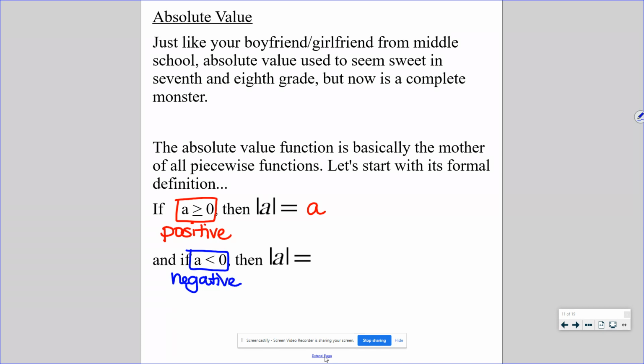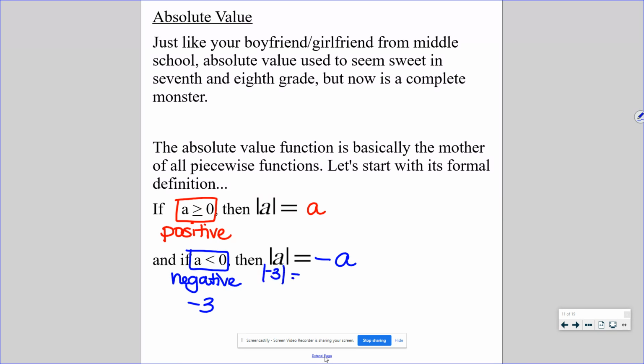Then the absolute value of that number you're plugging in is not going to be equal to that number, right? It's actually going to be equal to the opposite of that number. And the opposite of that number would be a negative to represent the meaning of opposite. Here's an example if that's too confusing. Let's say a is negative 3, and you plug negative 3 into your absolute value.